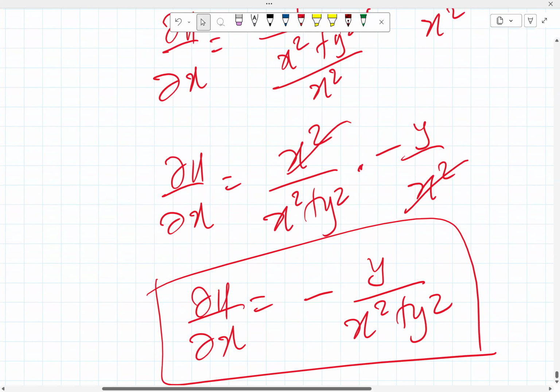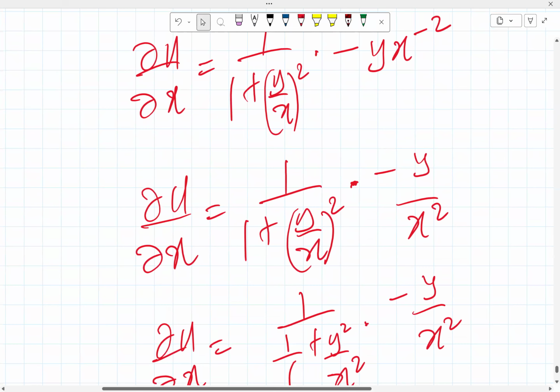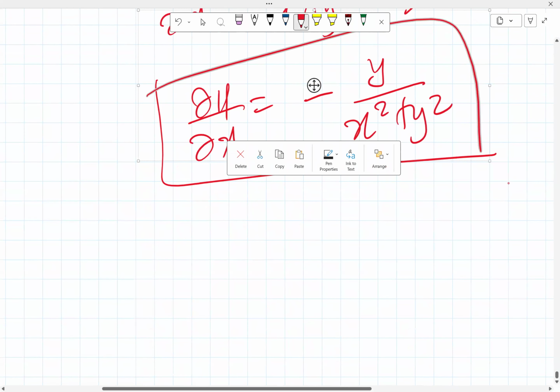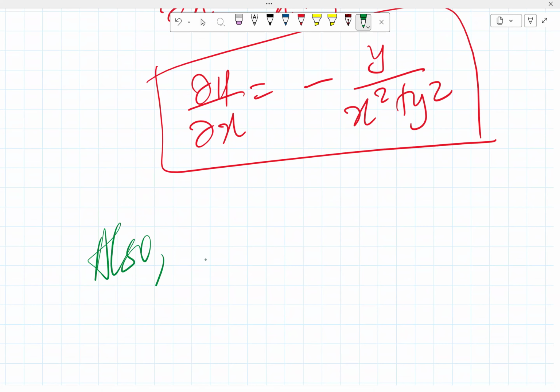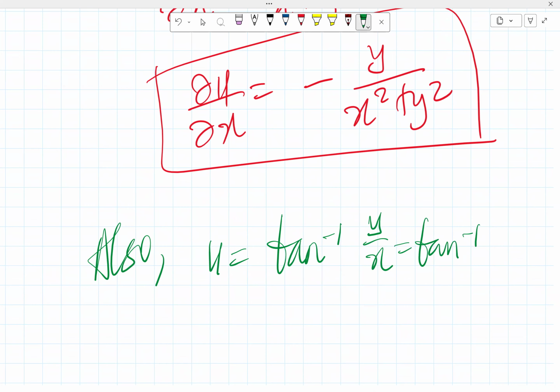On the other hand, we can then do the same for y. Okay, so again, we go for y. Also, since we have u to be arctan of y over x, which I like to write as arctan of yx raised to power minus 1.